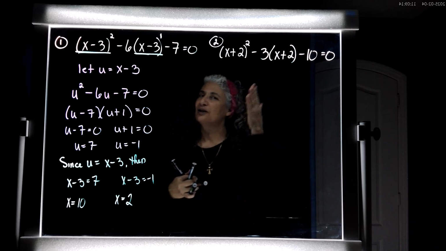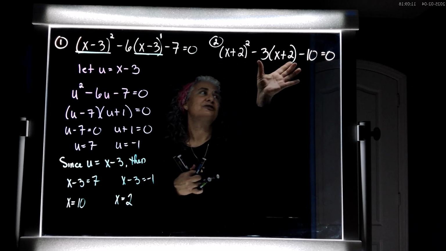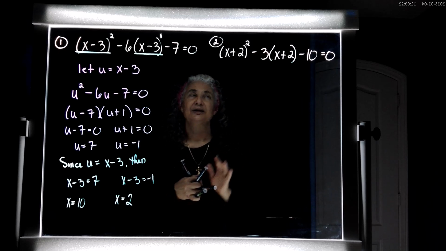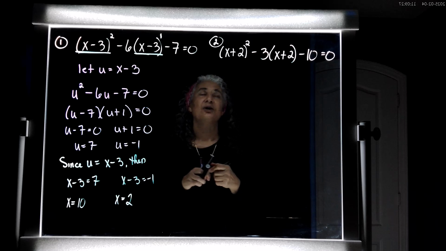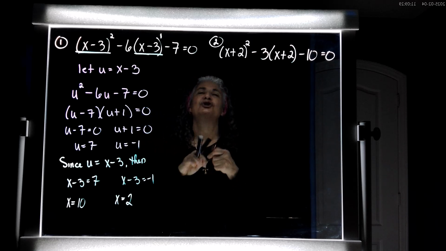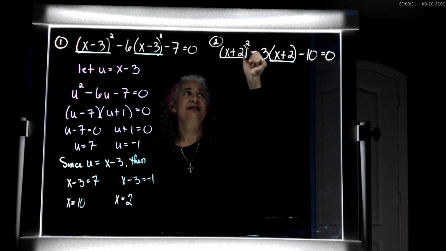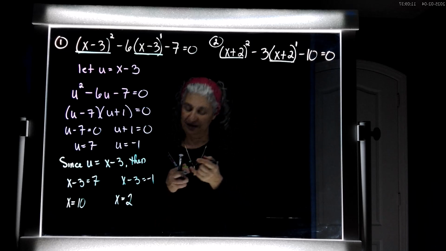Wonderful. Okay, number 2 here. Tell me, 1, 2, 3 terms equal to 0, possibly quadratic in nature. Take a look. What would be my variable? Good, the parentheses, because the parentheses are exactly the same. This is to the power of 2. That's to the power of 1.